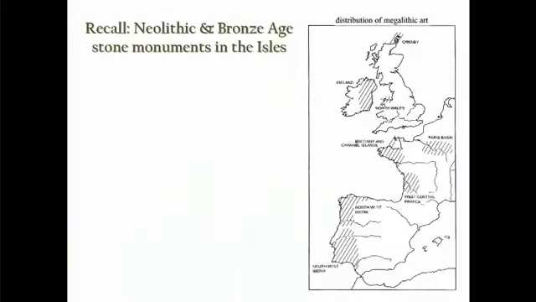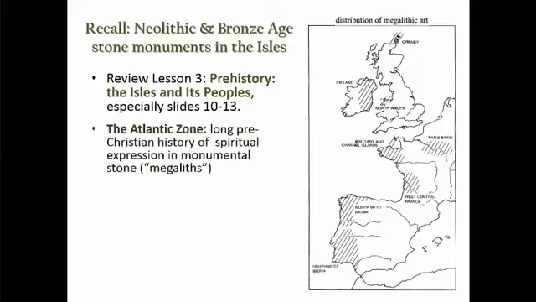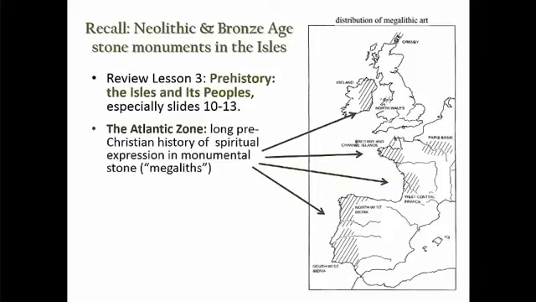Recall once again Neolithic and Bronze Age stone monuments in the Isles. We discussed this back in lesson number 3, specifically within slides 10 to 13. There is a long pre-Christian history of spiritual expression in monumental stones or megaliths, many of which are found along the coasts.